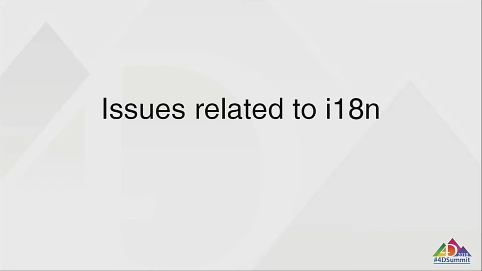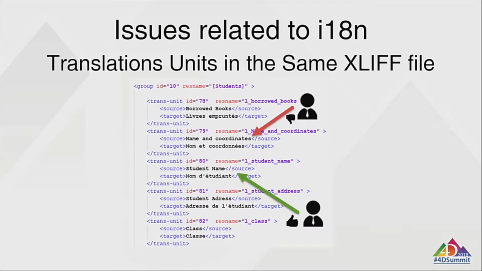But what happens if you have an application that is being touched by a lot of developers? Even more, if you have a team of translators working on the translations. That is a big mess. Then you have problems like that.